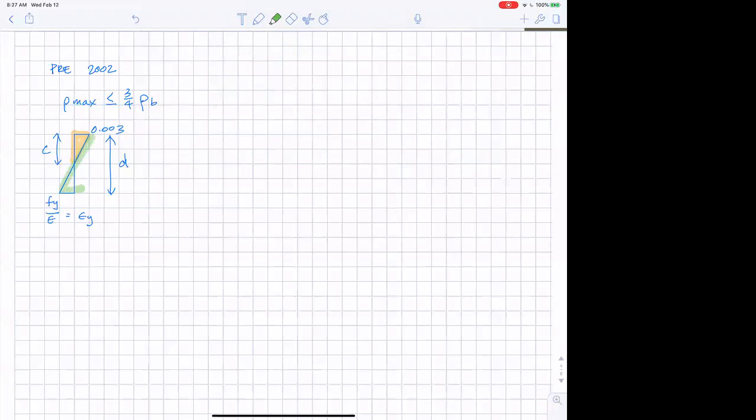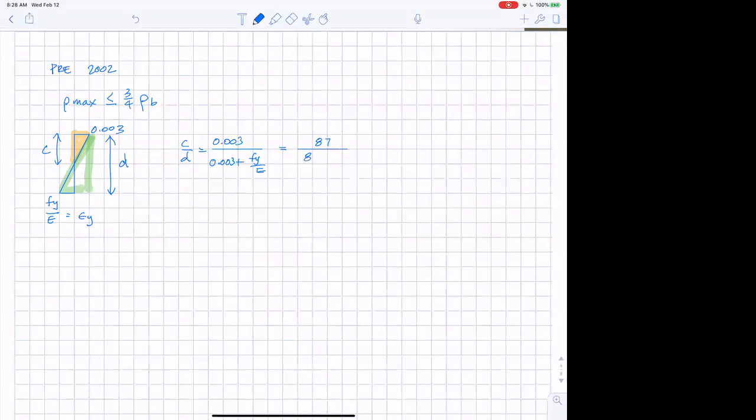versus this triangle. And so C is to D, as the orange triangle has a base of 3, and the green triangle has a base of 3 plus Fy over E. Okay. And it's super convenient just to multiply numerator and denominator by E, and 0.003 times 29,000, I'm going to do it in KSI, is 87.